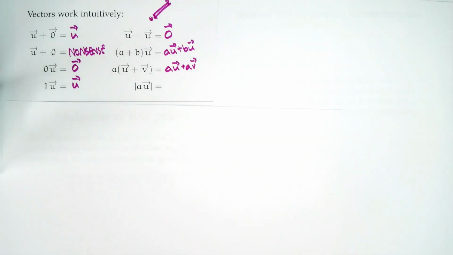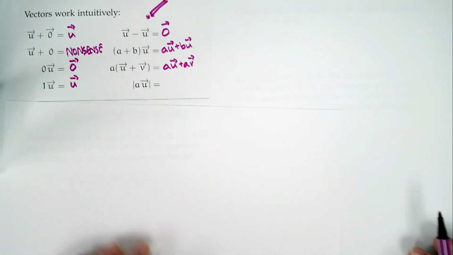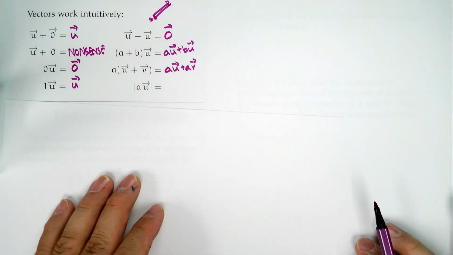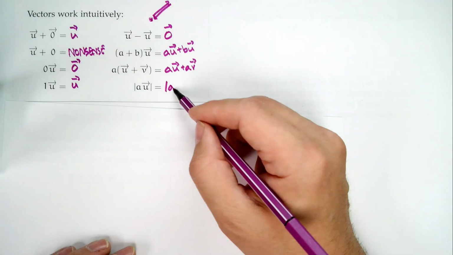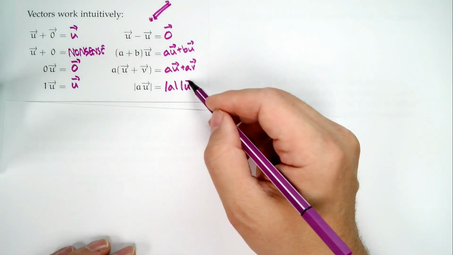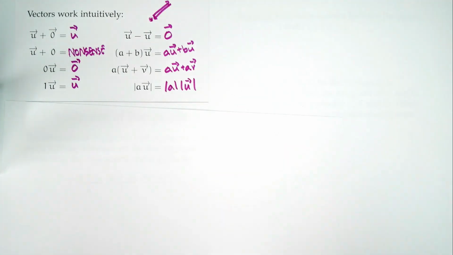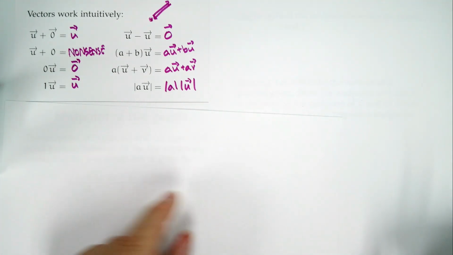And lastly, if I want to take the magnitude of a times the vector u, what happens? Well, that's the size of a times the size of u. So kind of like what absolute value does. The absolute value of the product of two things, you take the absolute value of each part.